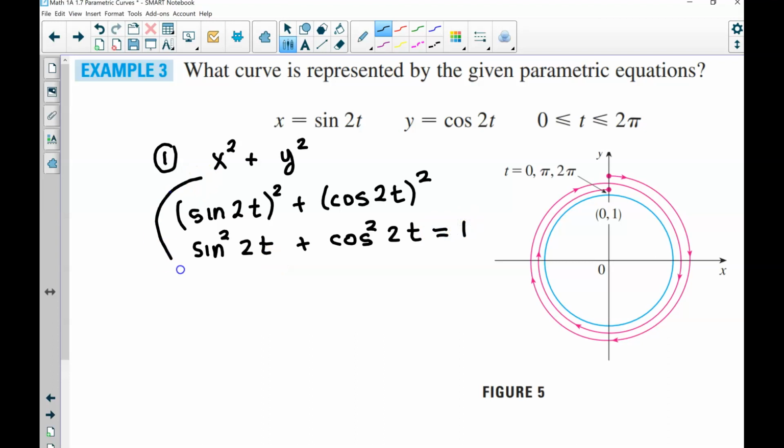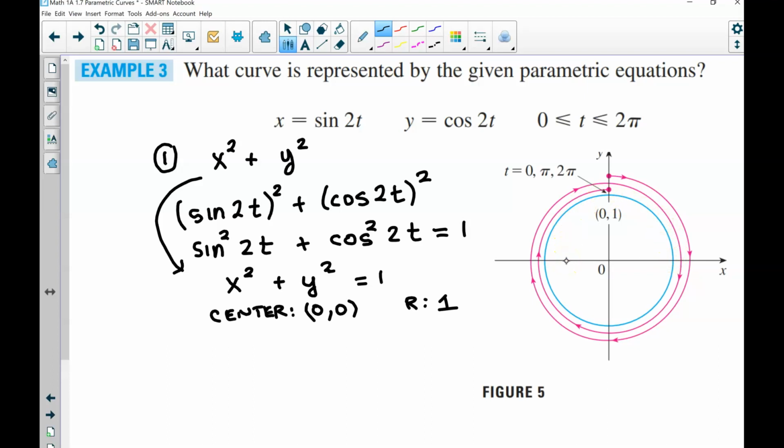So again, as we said before, we now can show this and represent this as a circle. Okay, just like the previous example, that has a center at 0, 0 and a radius of 1. Now what is unique about this scenario is that it's still increasing from 0 to 2 pi.